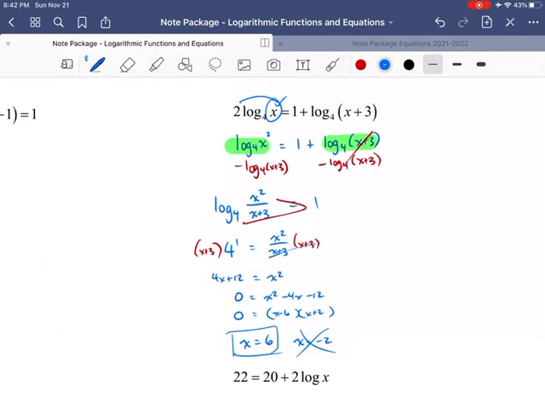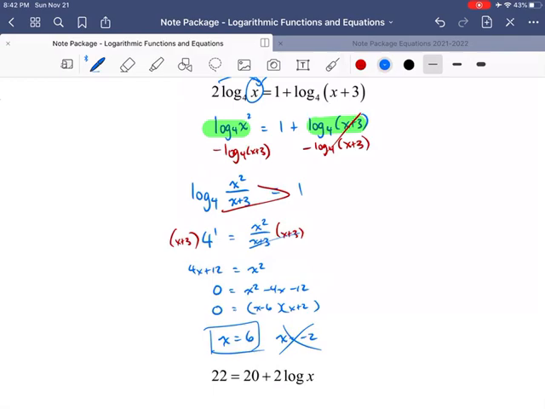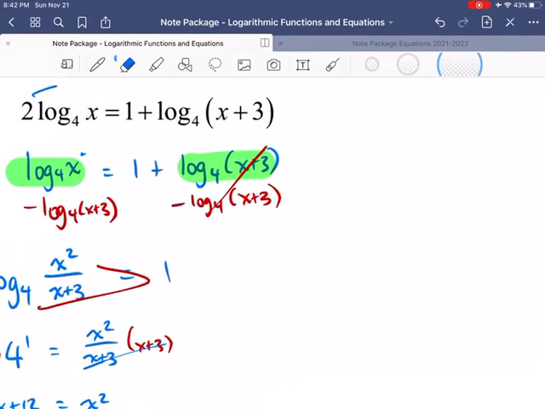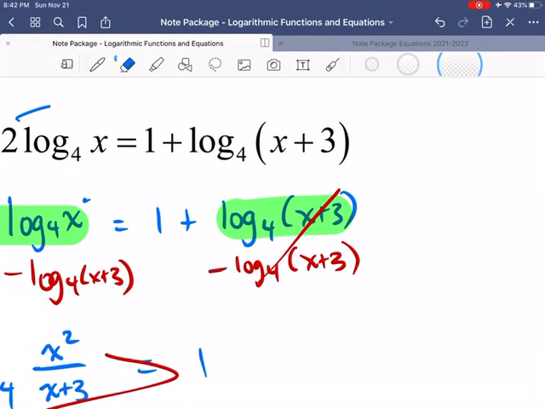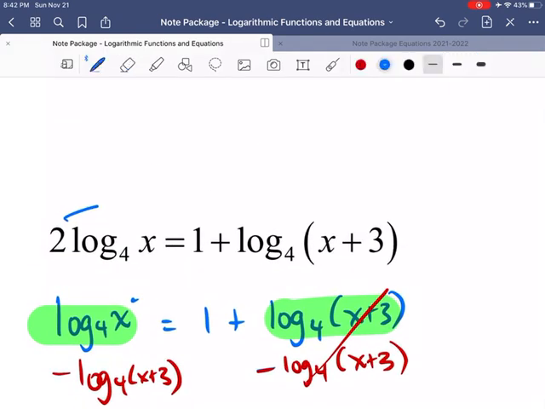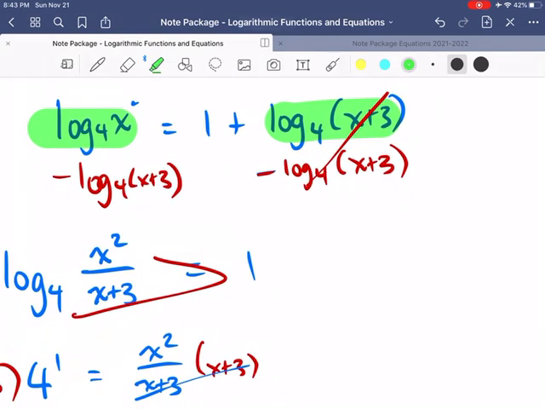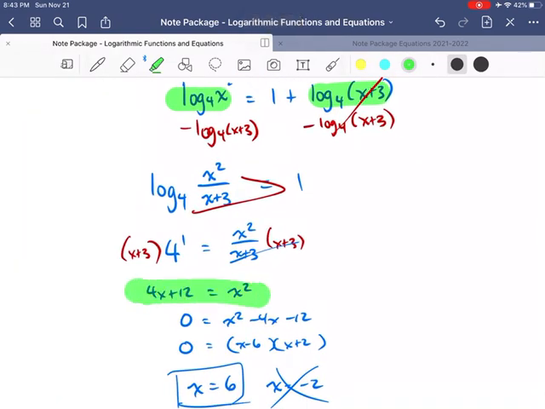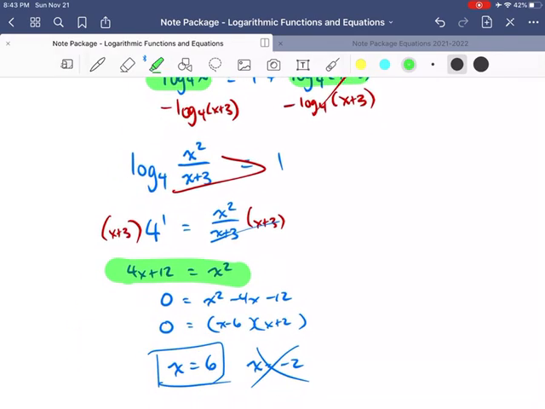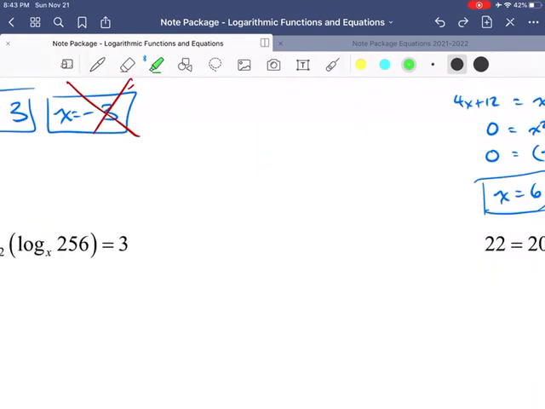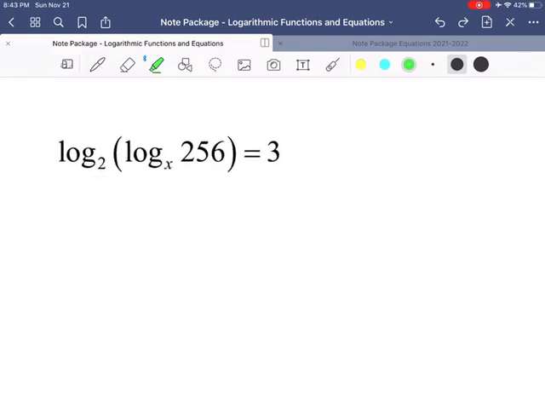I was just kind of thinking about this one as I was doing it, and I suppose instead of flip-flopping so much, you could just change this 1 to log base 4 of 4, and then apply the product law. You'd multiply the 4 and the x plus 3. And I think that gets you to this stage right away. Kind of skips out a bunch of stuff, but there are multiple ways to solve these types of questions.